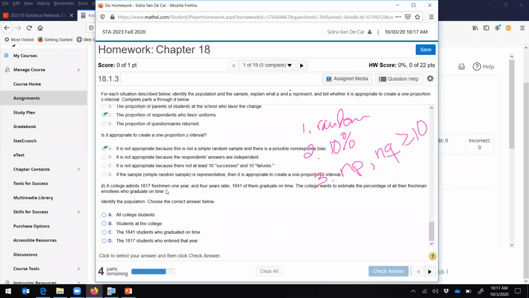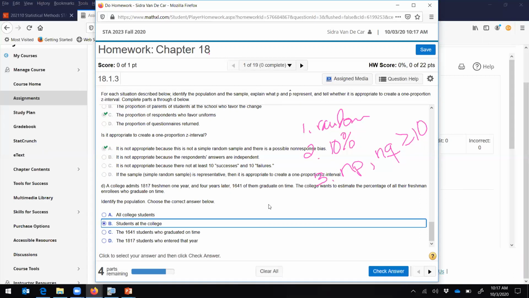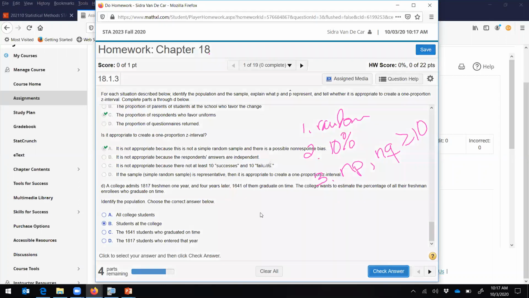A college admits 1,817 freshmen 1 year, and 4 years later, 1,641 graduate on time. The college wants to estimate the percentage of all their freshman enrollees who graduate on time. Our population is all of the students at the college because we're looking to predict that individual college's graduation rate.